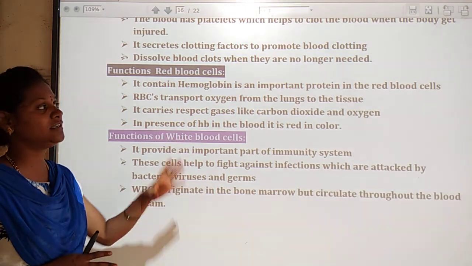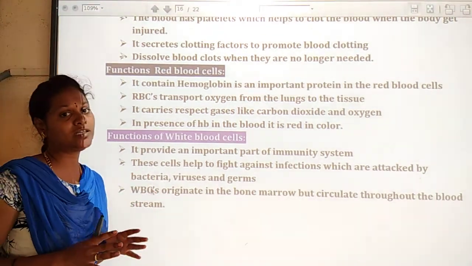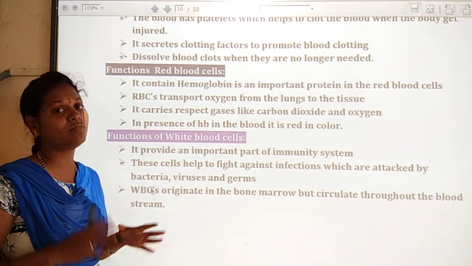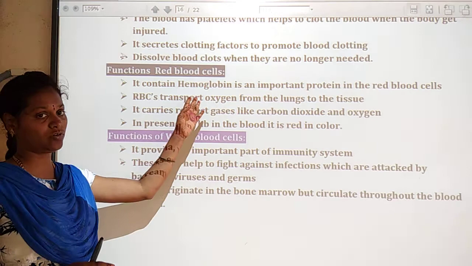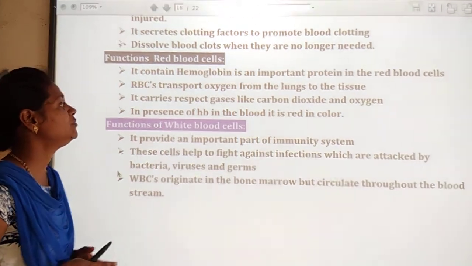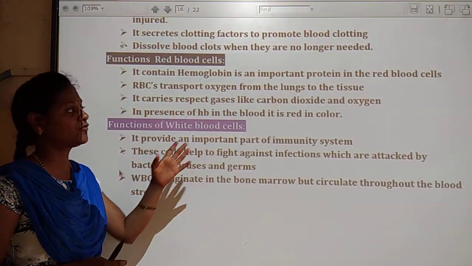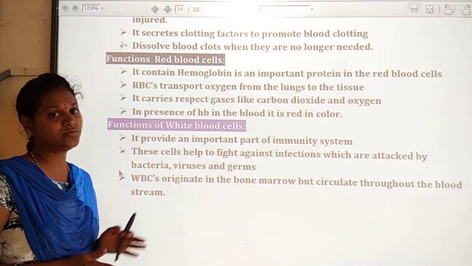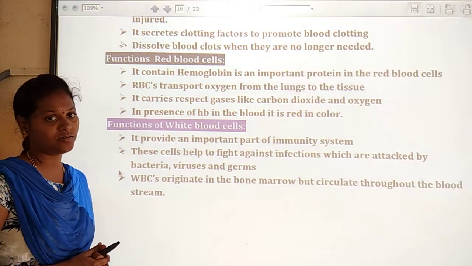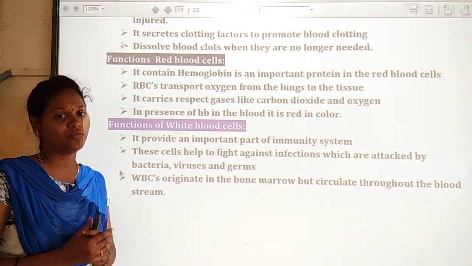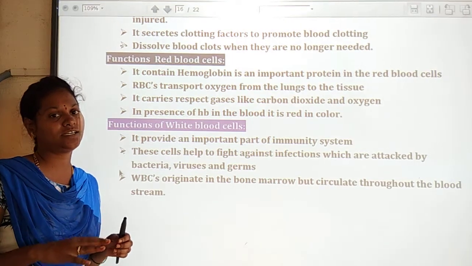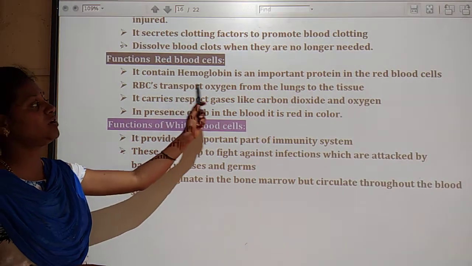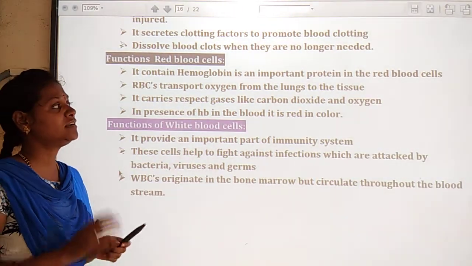Understand? So the important protein in the blood is hemoglobin. And here red blood cells transport oxygen from the lungs to the tissue. So here the exchange of the gases takes place in the blood. The red blood cells help to carry the oxygenated blood and deoxygenated blood in our body. Here RBCs transport oxygen from the lungs to the tissue.